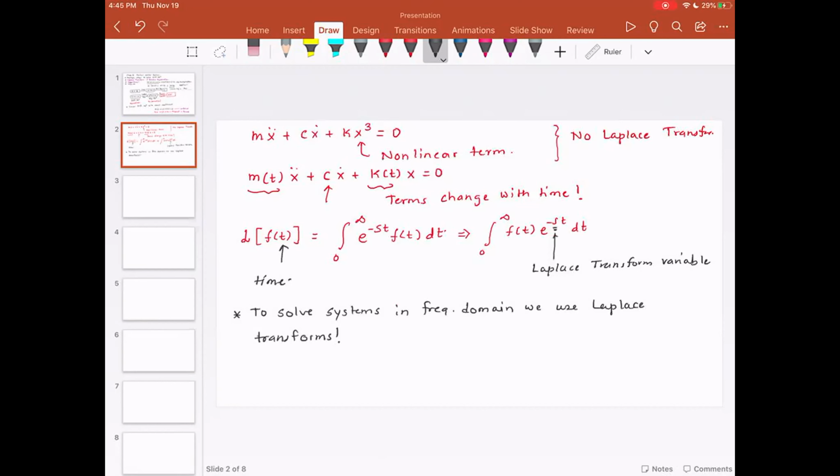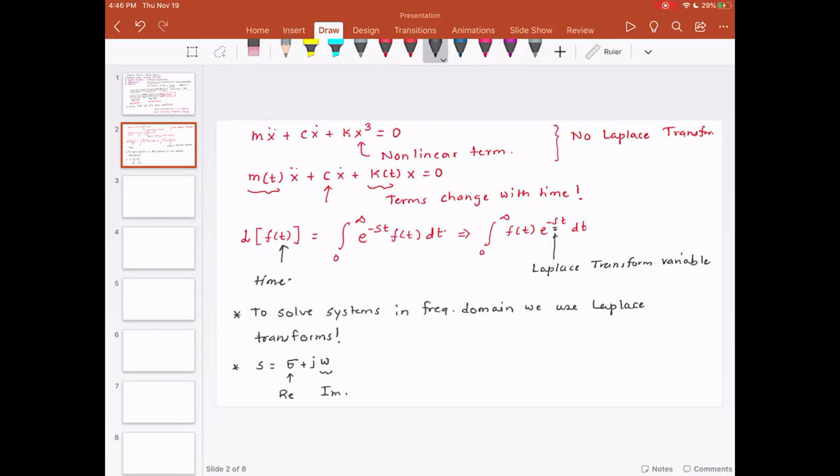Now, how do we find out the Laplace transforms? And s, this is something similar to what we talked about with the eigenvalues. s is actually a complex number, where this is the real part of the complex number and this is the imaginary part of the complex number.